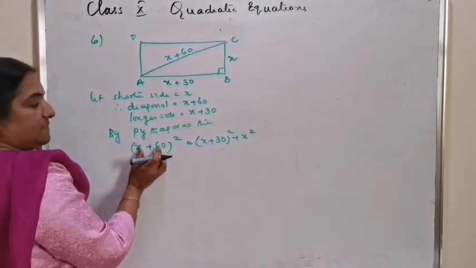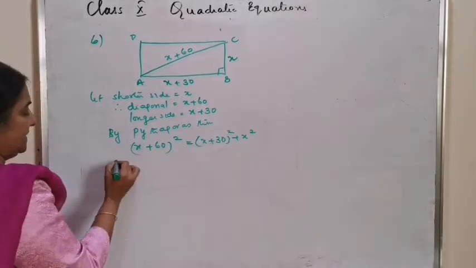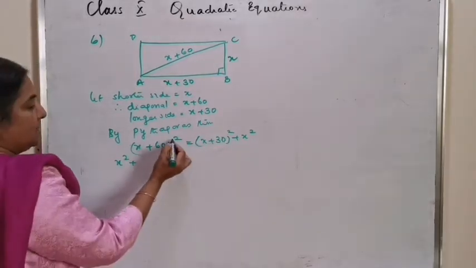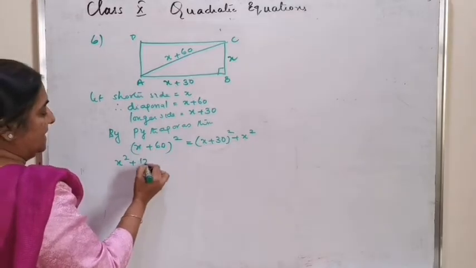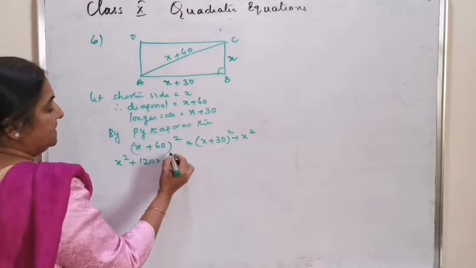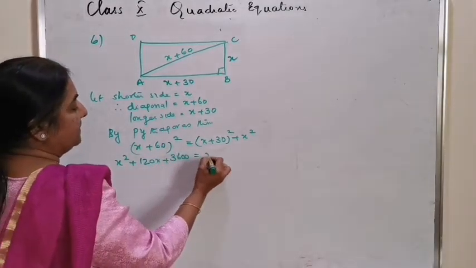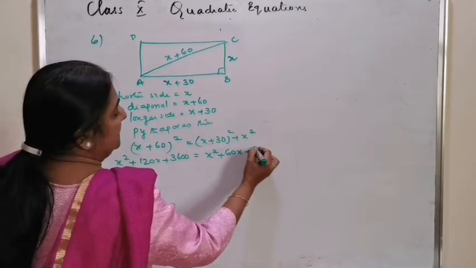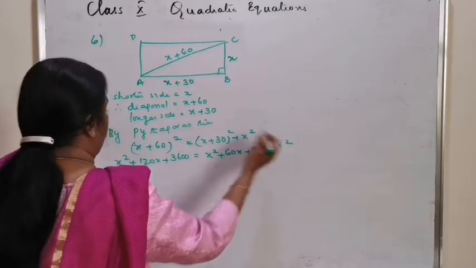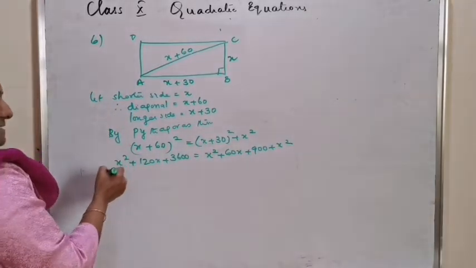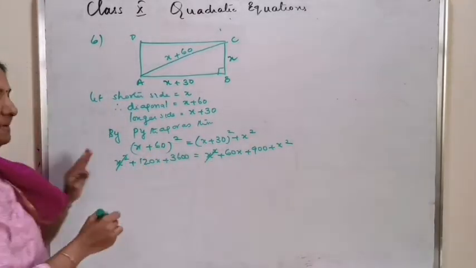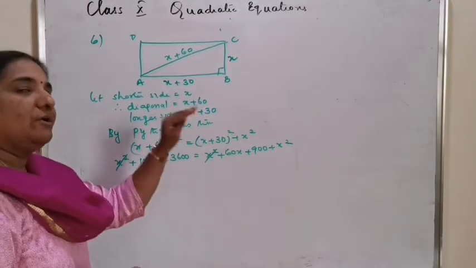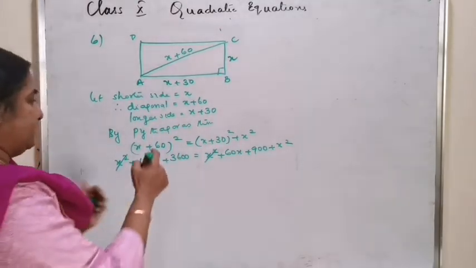Both the expansions with (a plus b) the whole square: that is a square plus 2 into 60, 120x, plus 60 the whole square is 3600, x square plus 2 into 30, 60x plus 900 plus x square. Even if you cancel x square from this side, it's correct, or after addition you can simplify.